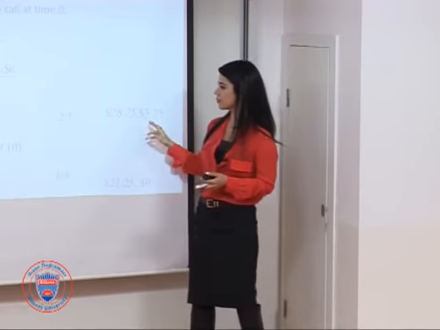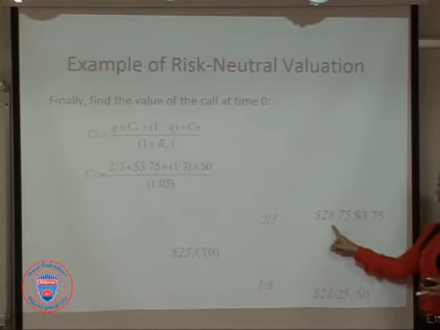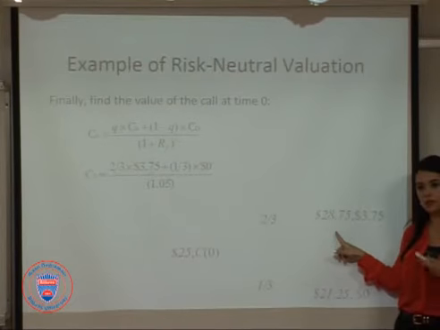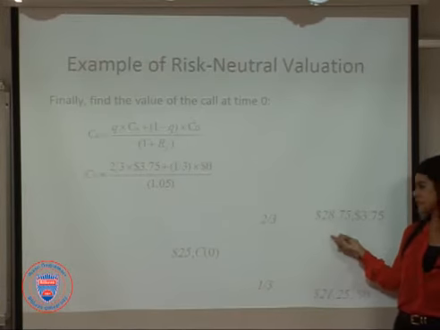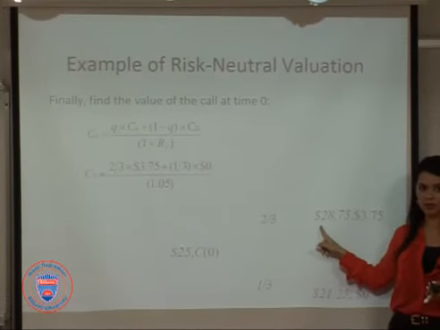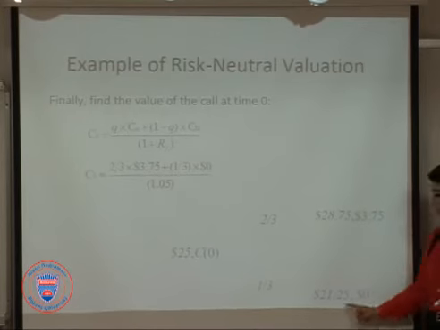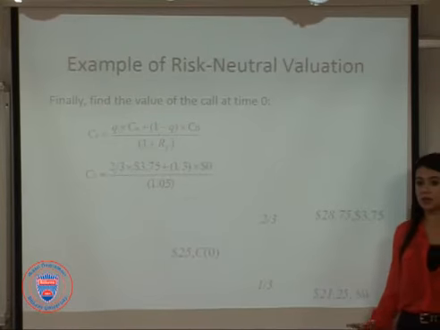In this example, for instance, the exercise price is 25. If the stock price becomes 28.75, this option will give you the right to buy the stock at 25, and then you can sell it in the market for 28.75. So you're making 3.75.